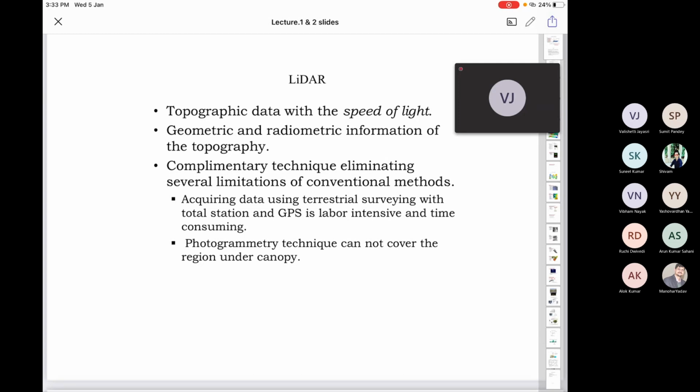So if we compare the working of LiDAR and photogrammetry for forest related applications, LiDAR is preferred over photogrammetry, because with LiDAR you get information from the terrain or from objects below the tree canopy. That principle will be discussed in detail.